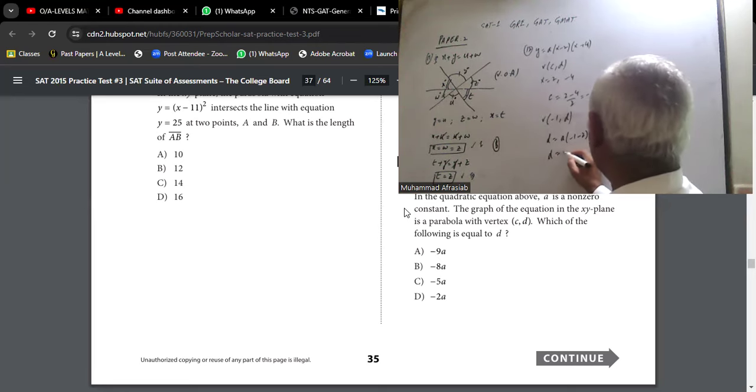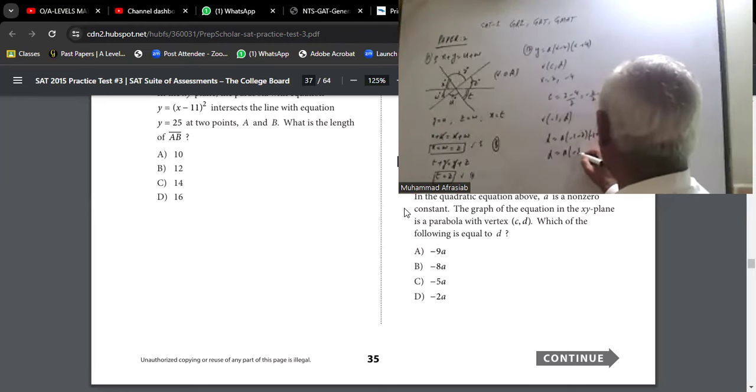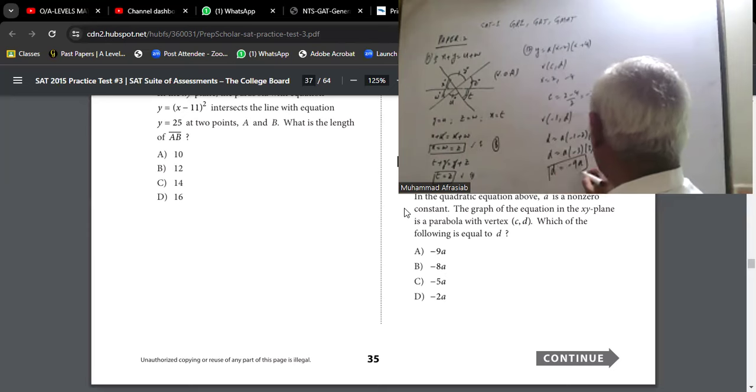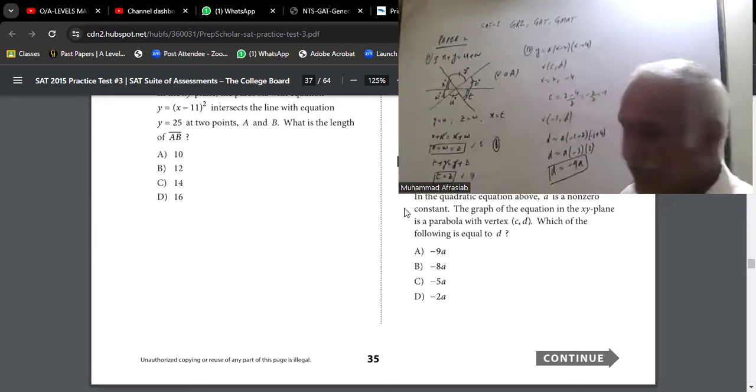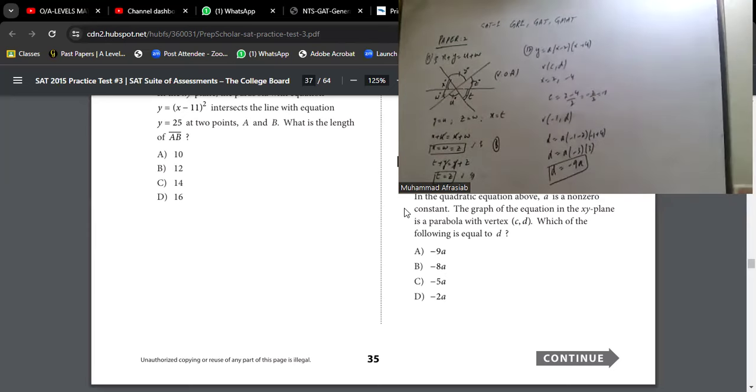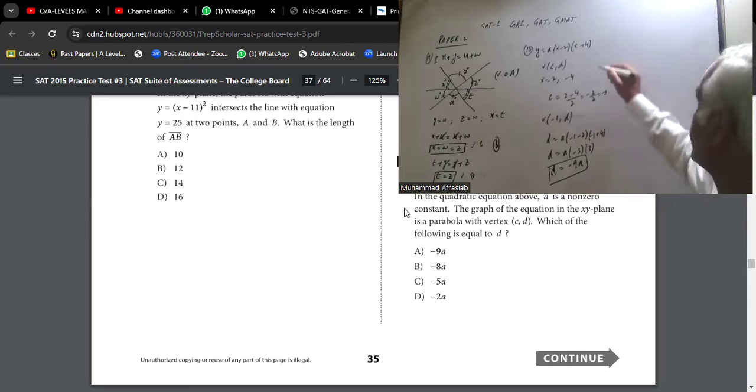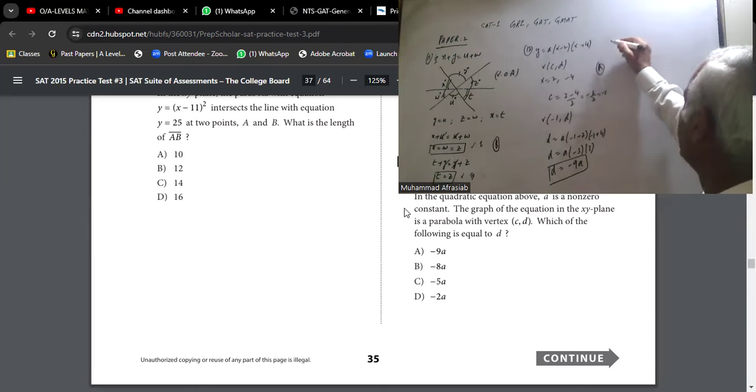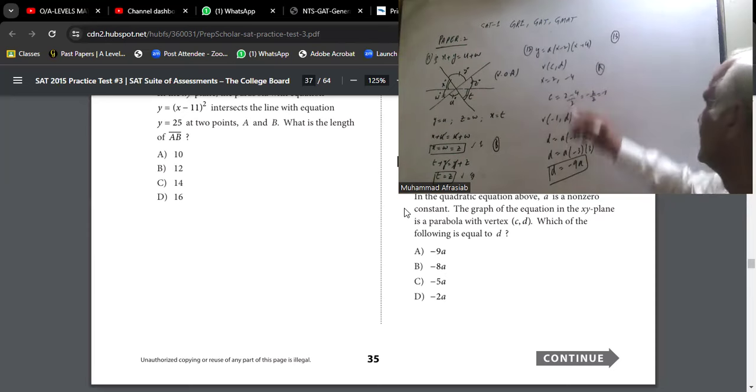So D value is equal to A into minus 3 into 3. That thing is equal to minus 9A. So D value is equal to minus 9A. And that is the answer of this part is A there. So question number 12 is part A there.